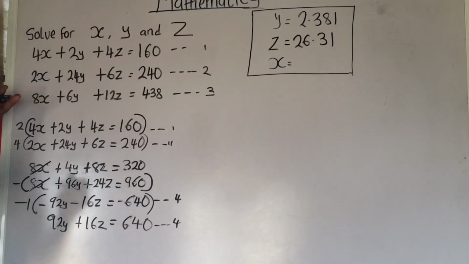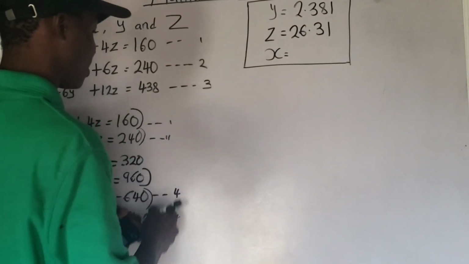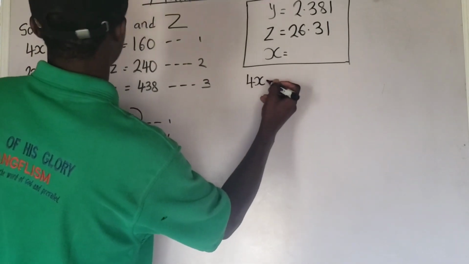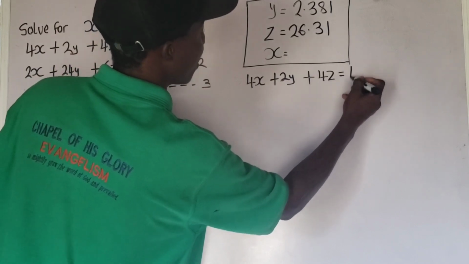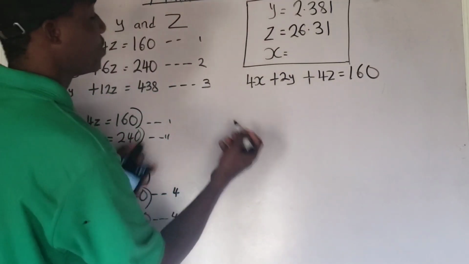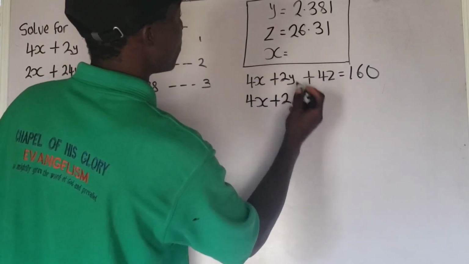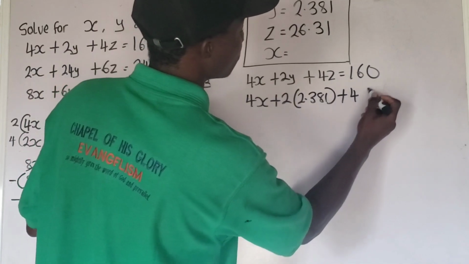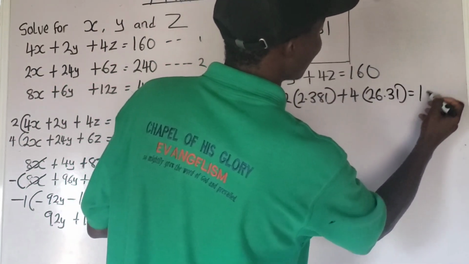Now, let's use equation 1. Equation 1 is 4x plus 2y plus 4z is equal to 160. We don't know the value of x, so I'm going to have 4x plus 2 into bracket y, which is 2.381, plus 4 into bracket z, which is 26.31, is equal to 160.